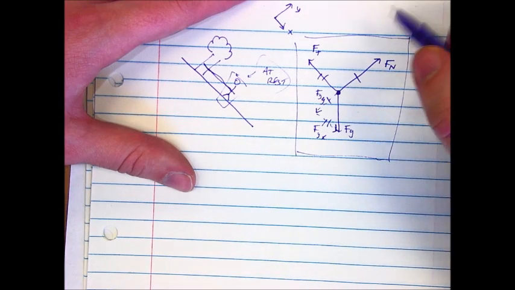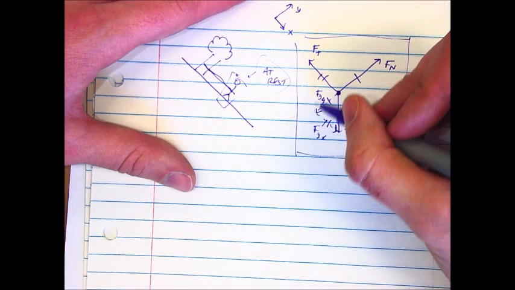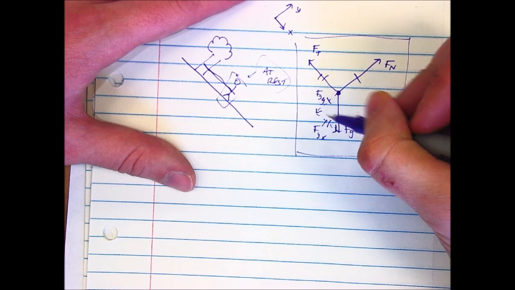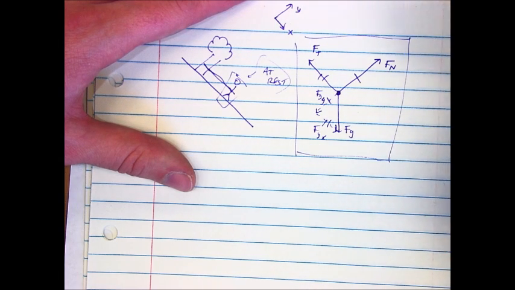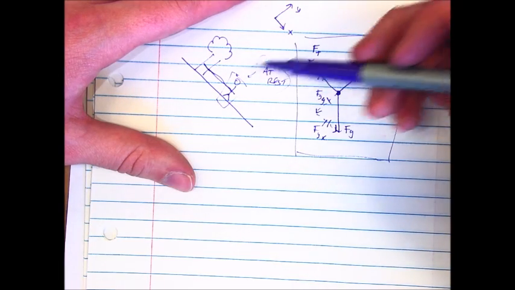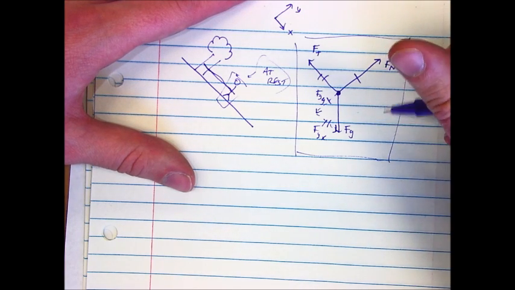And then you showed me that the normal force in the y direction has to be equal and opposite to the gravity force in the y direction, and the tension force in the x direction has to be equal and opposite to the gravity force in the x direction. That understanding shows me that you know what's going on in this force diagram, what's going on with this guy. You know he's at rest, you know that these are balanced. This is what I would prefer.